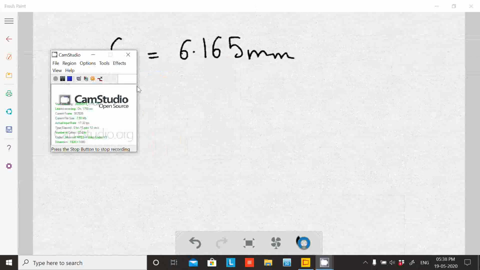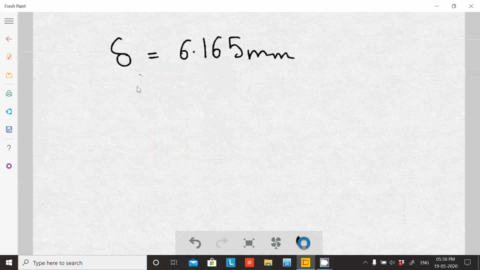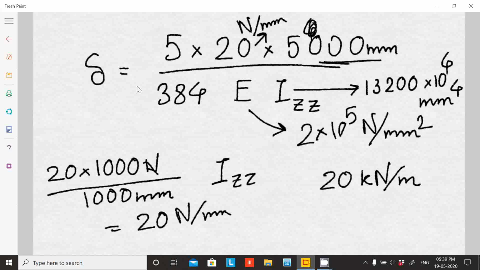One thing that I want to tell you is, sometimes you may see some variation in the values that you are considering. In this step, the value that I have told you for IZZ might not match with the value in your steel table.